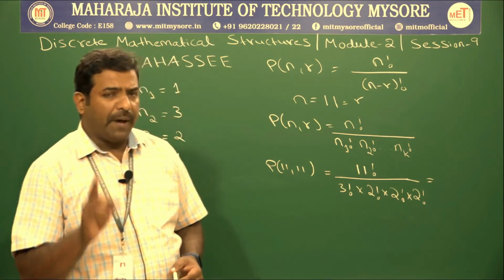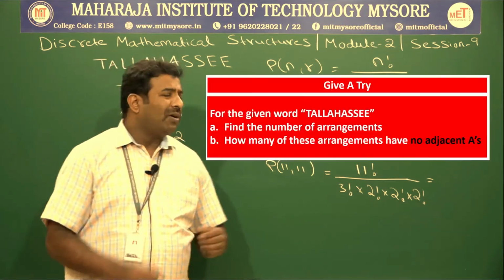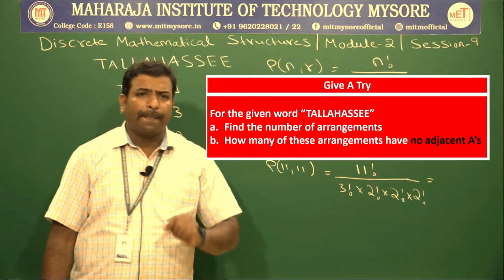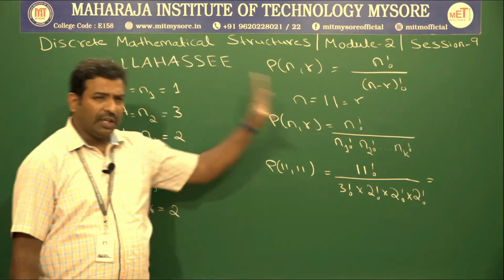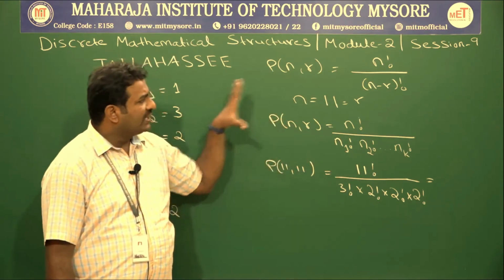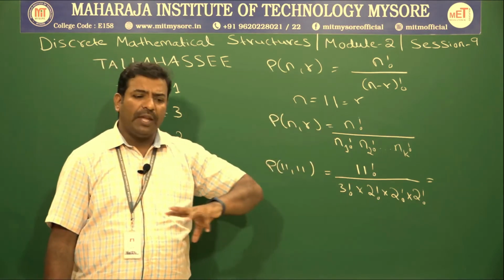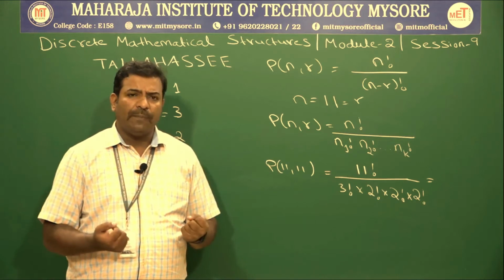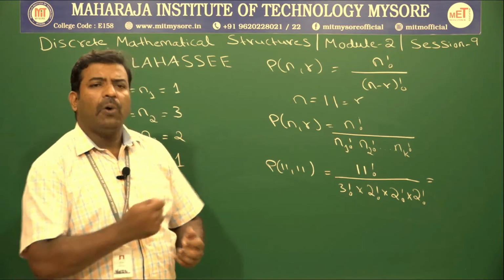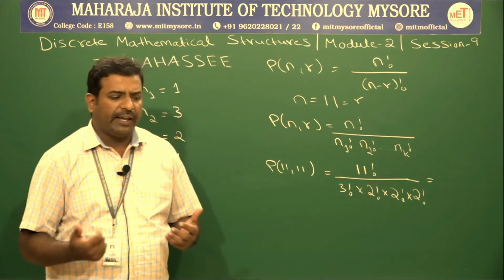Now the next part of the problem says there should not be any adjacent A. Fine. So in whatever arrangements I am going to have, there should not be adjacent A's. Now how do I solve this? This is a different scenario.